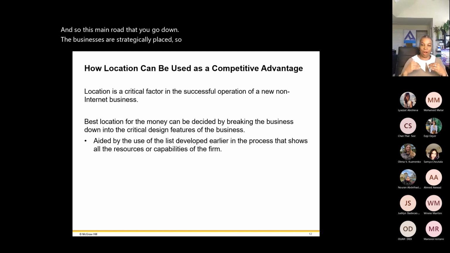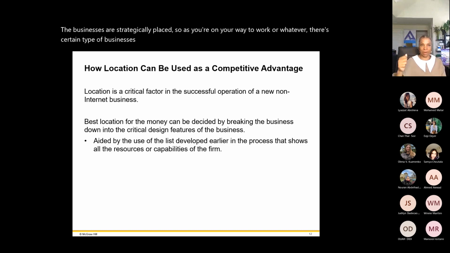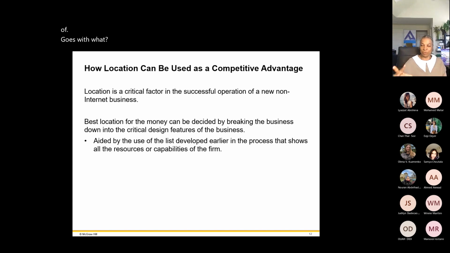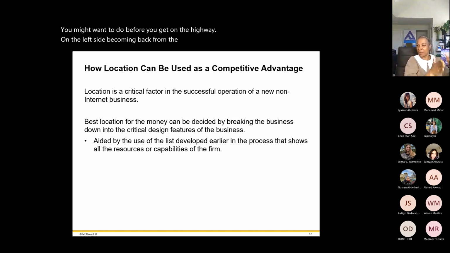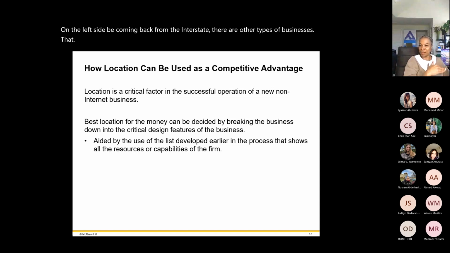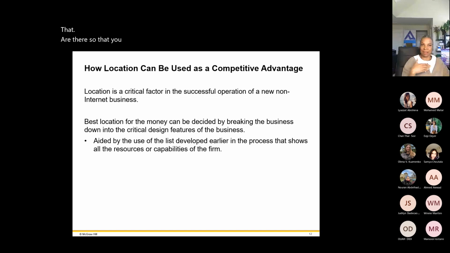On your way to work, there are certain types of businesses on the right side, because we drive on the right-hand side, that go with what you might want to do before you get on the highway. On the left side, when you're coming back from the interstate, there are other types of businesses, and it makes sense.